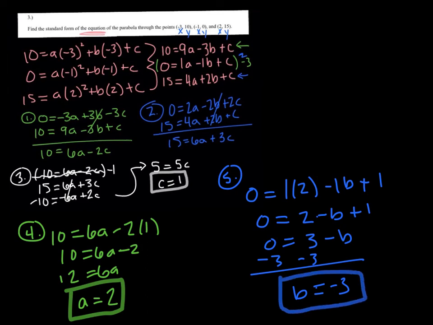It's not asking us for a triple order here. It's not asking us for an intersection point. It's saying, okay, we have a parabola here. What are the values of a, b, and c so that we can write an equation?